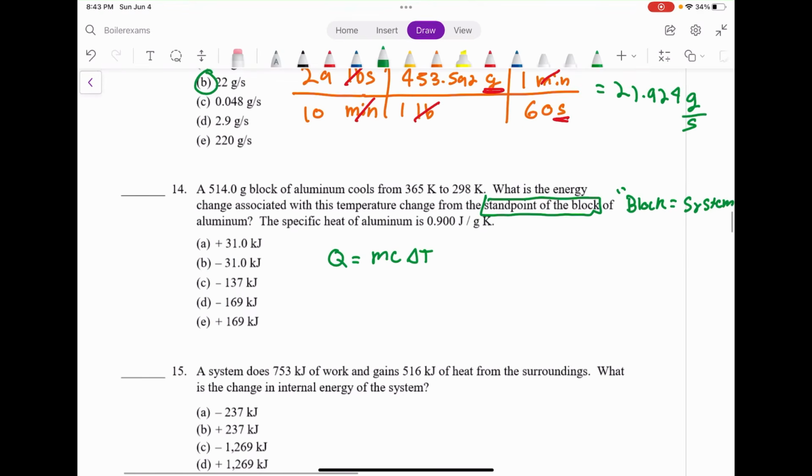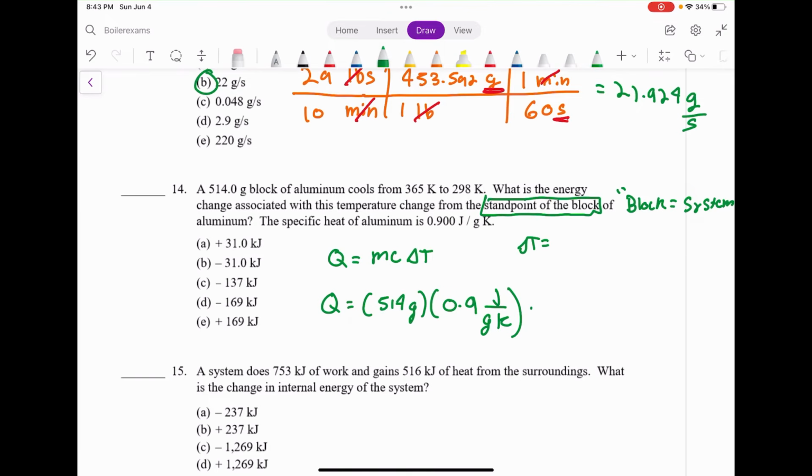Okay. Let's plug in our stuff. Q is heat. M, we have 514 grams. That's mass. C is the specific heat, which is 0.9 joules per gram per Kelvin. And then we have change in temperature.